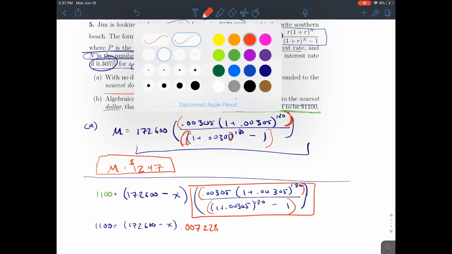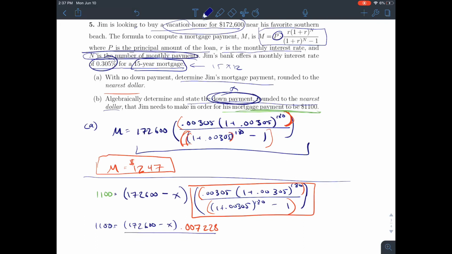Now to solve for X, an easy way to solve for it would be to divide by this thing that we're multiplying by. So that's going to give us an easier equation to solve. So these cancel out. 1,100 divided by 0.007228. So that gives us 151,185.9436 is equal to 172,600 minus X. Solving for X from here, we subtract this on both sides.